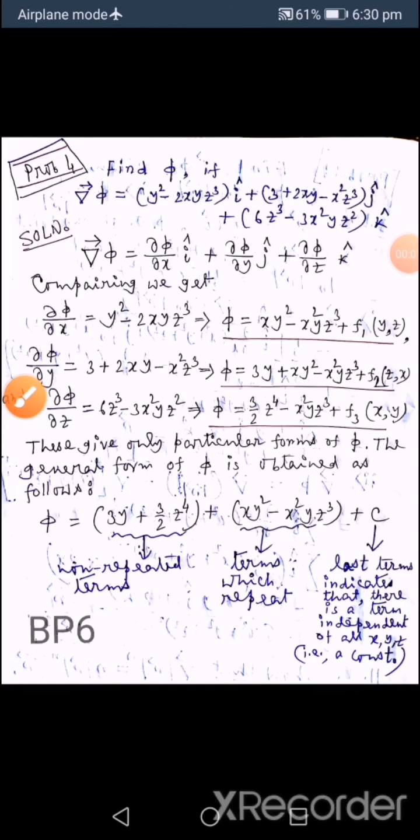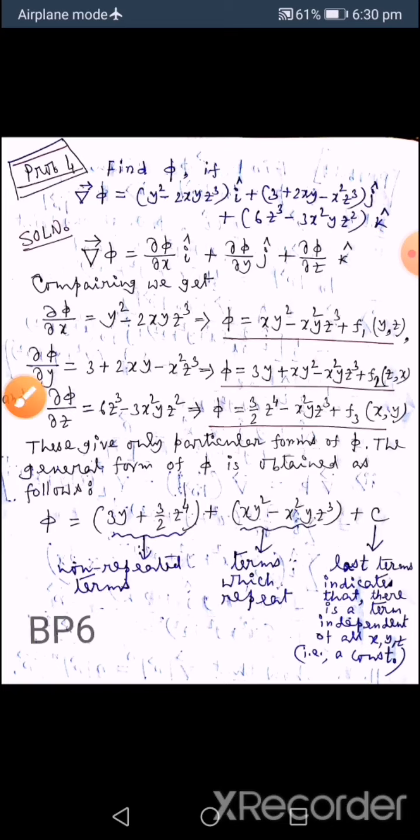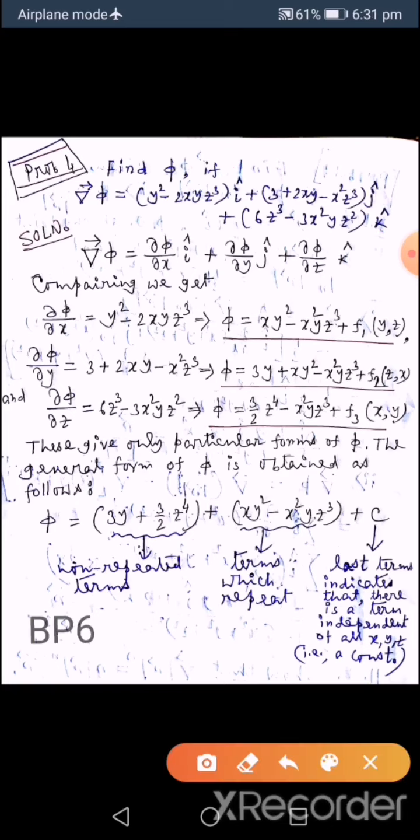Problem 4. Find phi, the scalar point function, if del phi equal to y square minus 2xyz cube i cap plus 3 plus 2xy minus x square z cube j cap plus 6z cube minus 3x square yz square k cap. We know del phi equal to del phi by del x i cap plus del phi by del y j cap plus del phi by del z k cap.